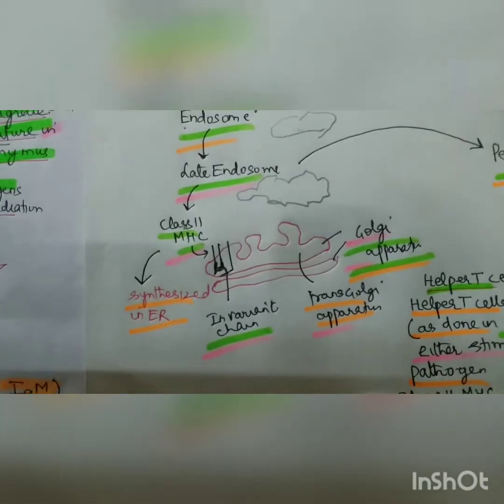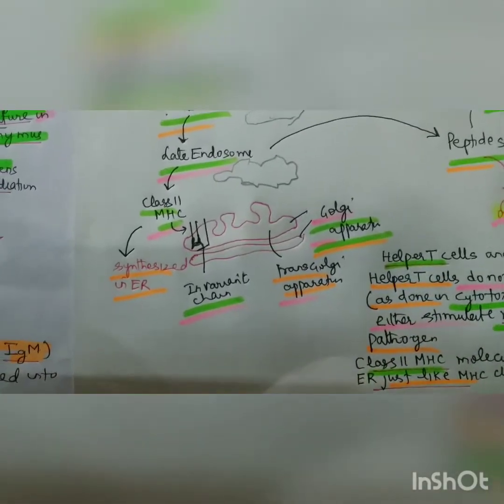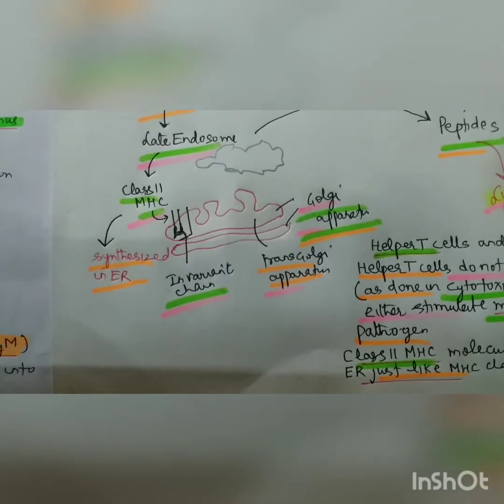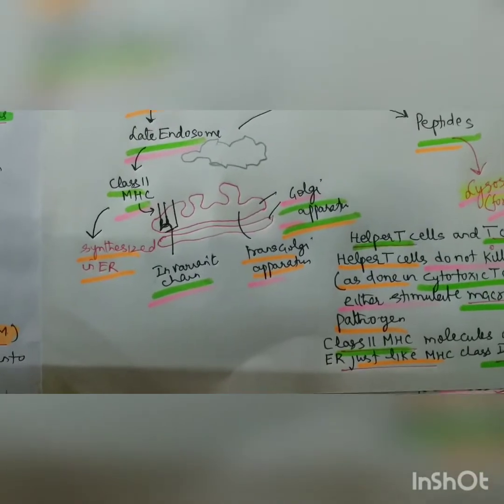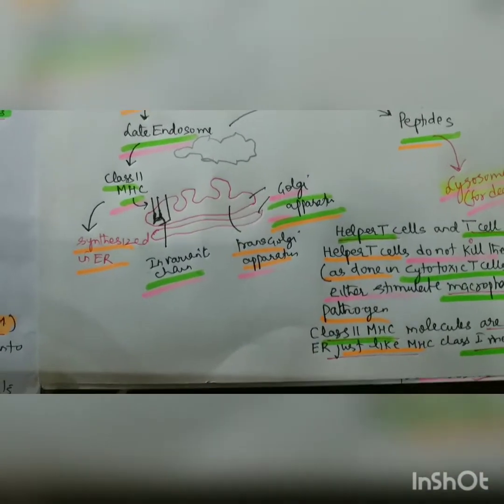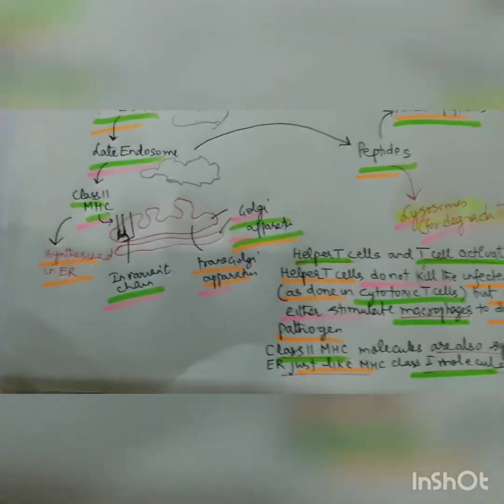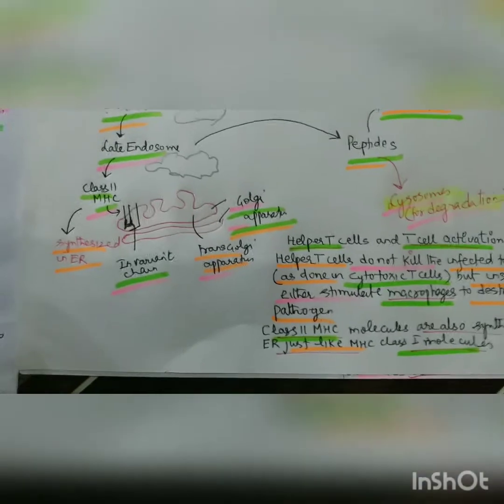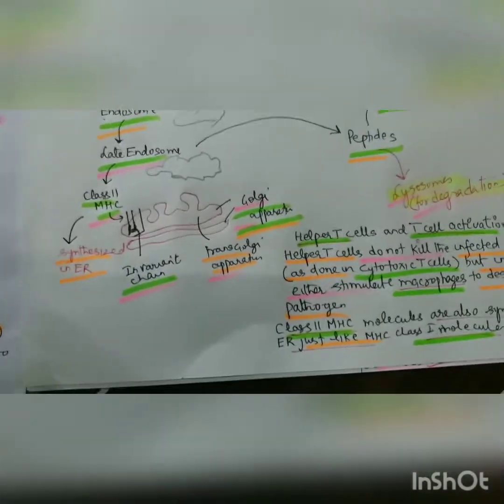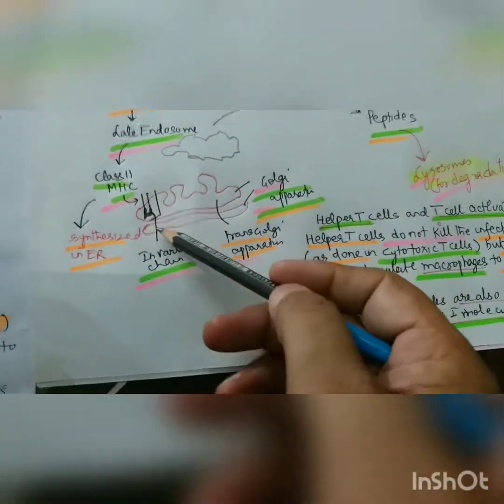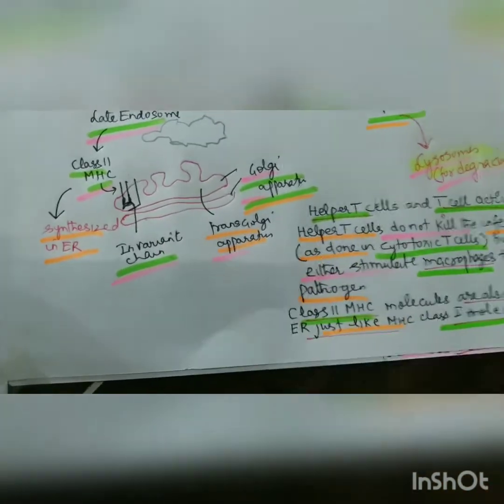And here the helper T cells, through their receptors, recognize the class 2 MHC associated with antigens and displayed on the surface of target cells, right?